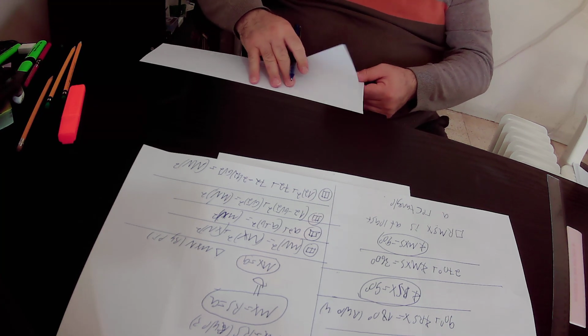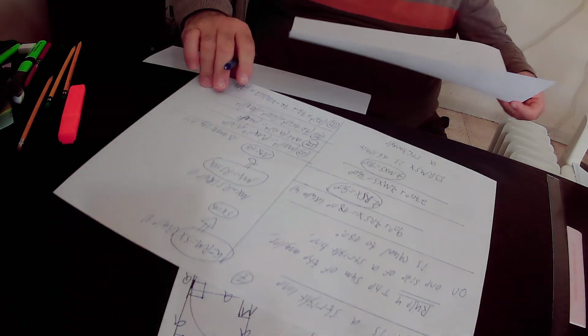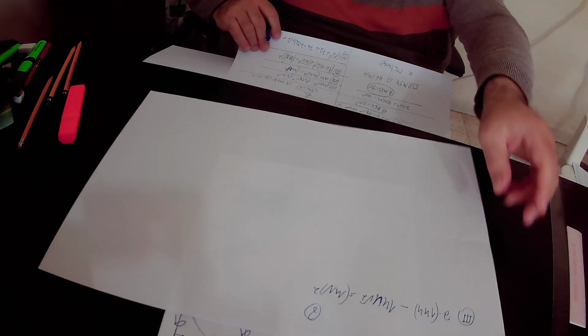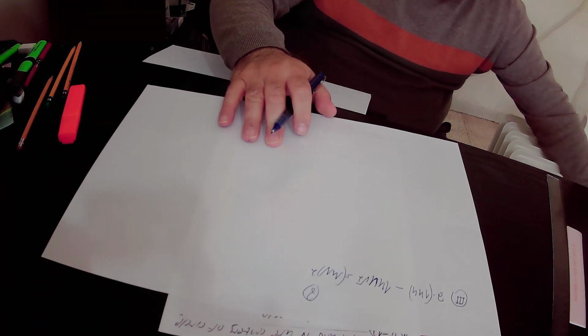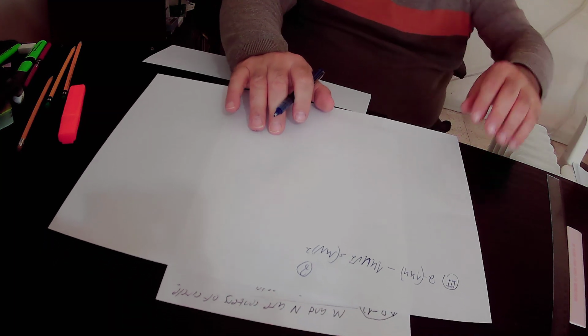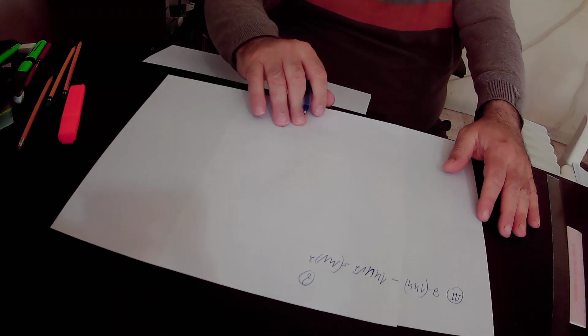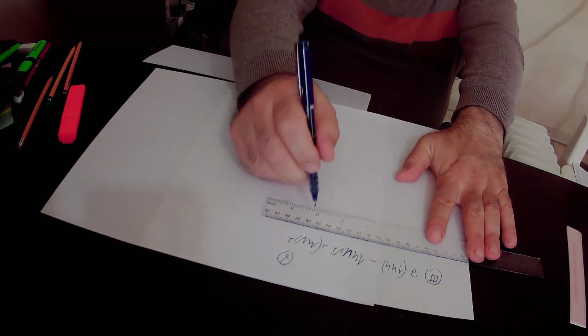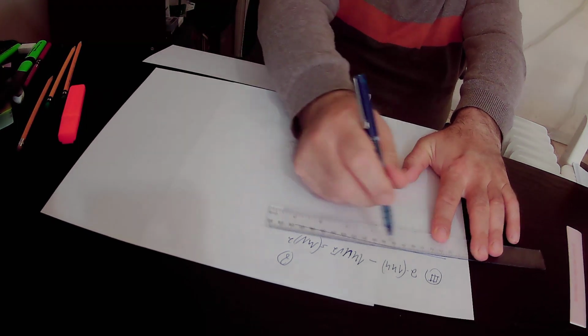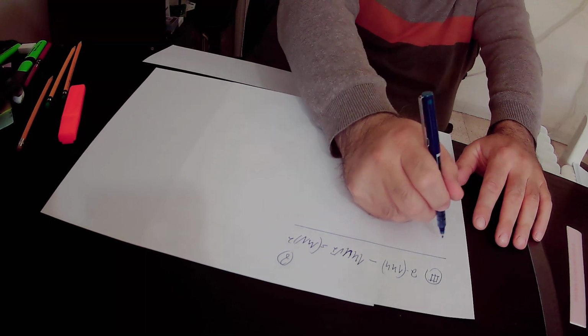So we actually found out that according to equation number 3, 2 times 144 minus 144 times square root of 2 equals MN squared. Here we will take 144 as a common factor out of those two expressions.